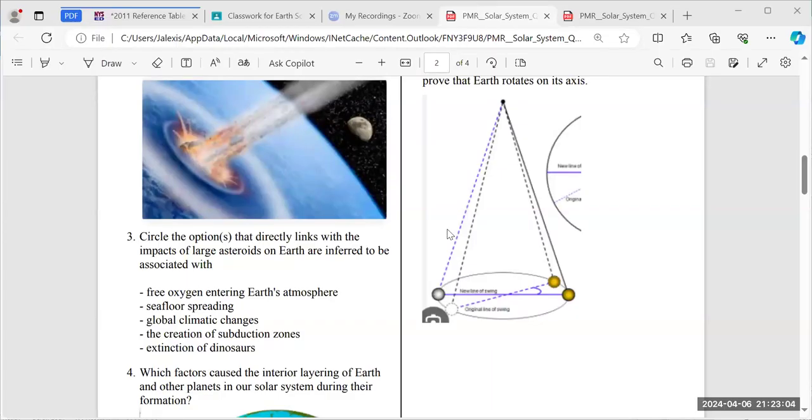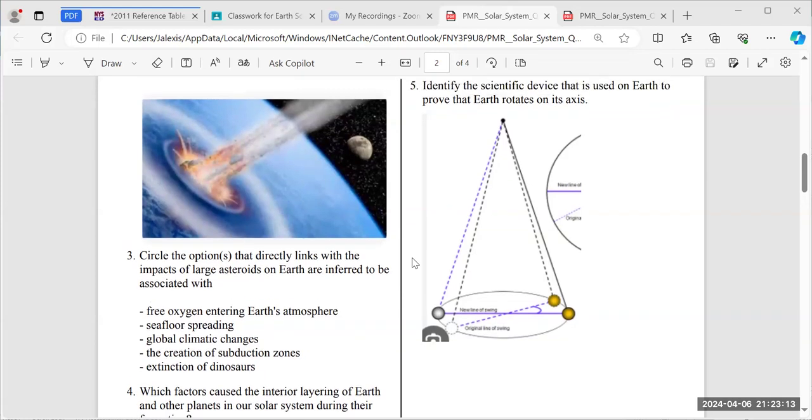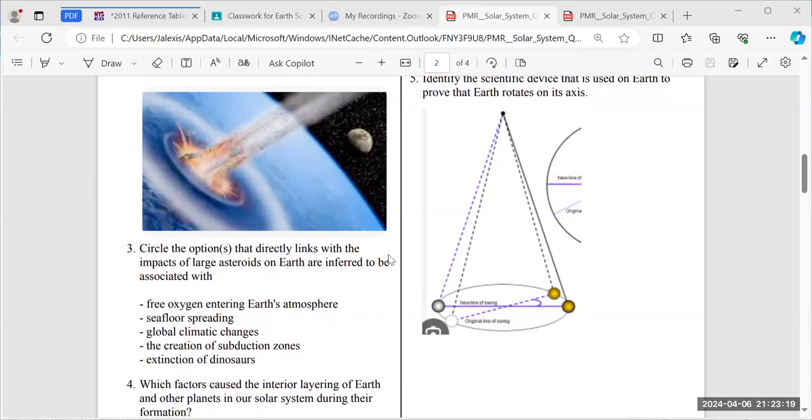Number 3 says circle the options that directly link with the impacts of large asteroids on Earth, inferred to be associated with the following. Which of these statements directly links to the impact that large asteroids have on the Earth? Definitely number 1 is the fact that there were large global climatic changes.